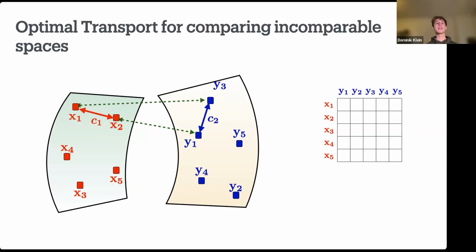And therefore we compare the relative positions. We compare X1 to X2, but then also to X4, X3, and X5, and see whether these distances are similar to all distances in the target space of Y3. So we would compare Y3 to Y1, Y5, Y4, and Y2. And if the relative positions, measured by the distance to all other data points in the corresponding distribution, are similar, we would match them. And this way, we would again just fill the transport matrix.